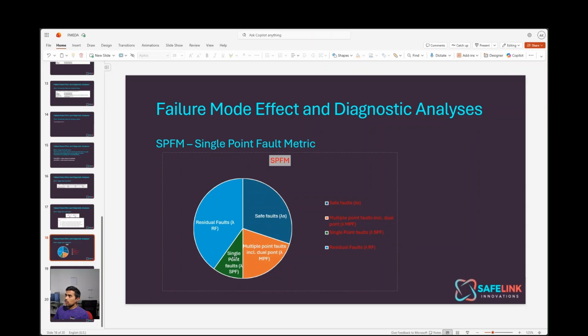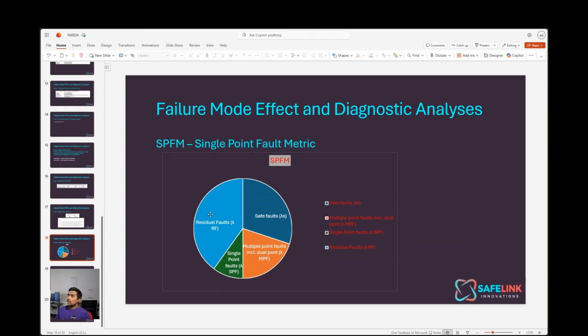Then you have single point faults, which is failures of components that do not have any safety mechanism. So it would just go undetected and it would lead to a safety goal violation. That's represented by the small section over here. And then you have residual faults.